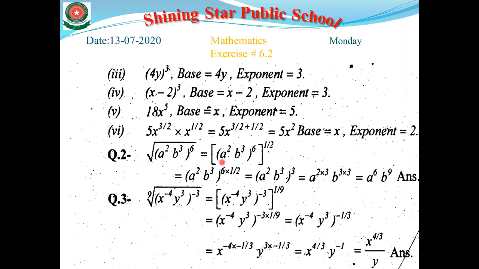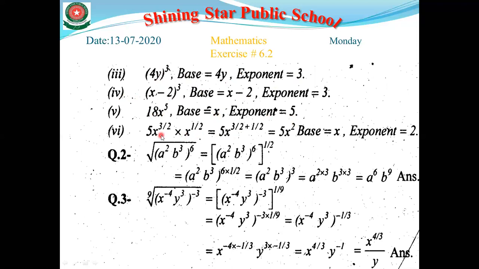Now 4y is the base and exponent is 3, because we know that when we have 2 cube, cube is the exponent and 2 is the base. So in this question 4y is the base and 3 is the exponent. In part number 4, we have x minus 2 whole cube. So x minus 2 is the base and 3 is the exponent. 18x power 5, so base is x and exponent is 5.